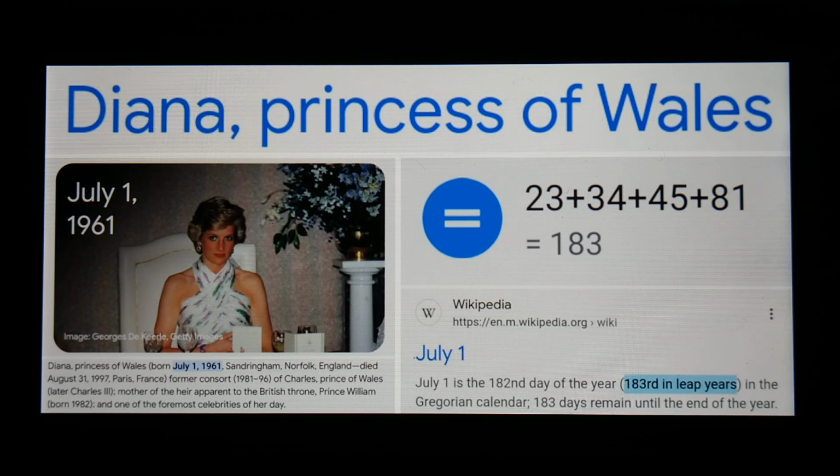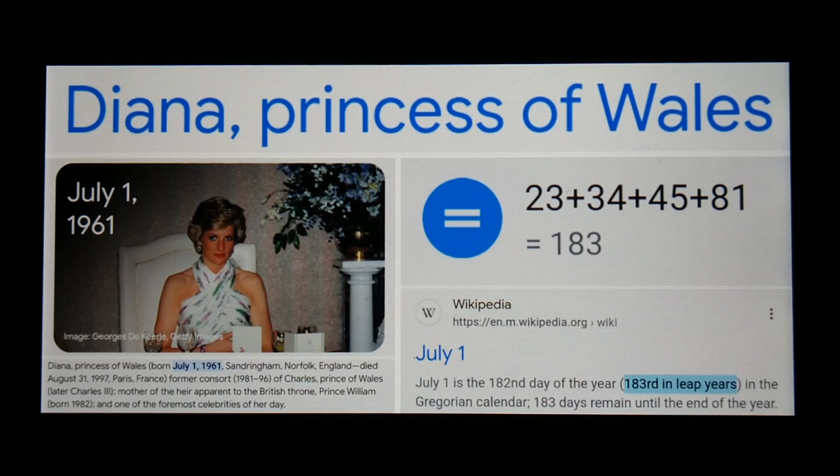It was not a leap year, but every July 1st, the number of days remaining until the end of the year is 183. And it's the middle of the year, so in a leap year, it's also the 183rd day of the leap year. So 183 connects every year, and every leap year, it's double connected.